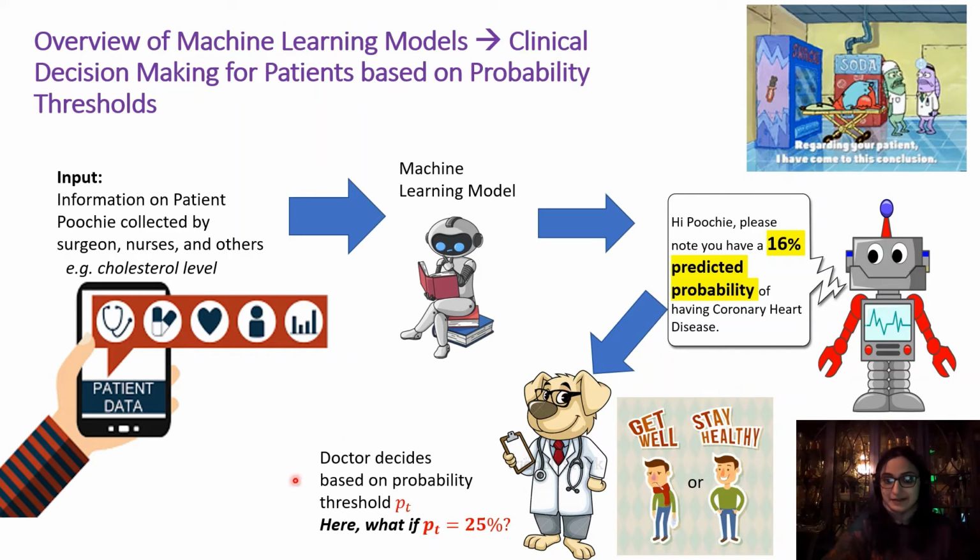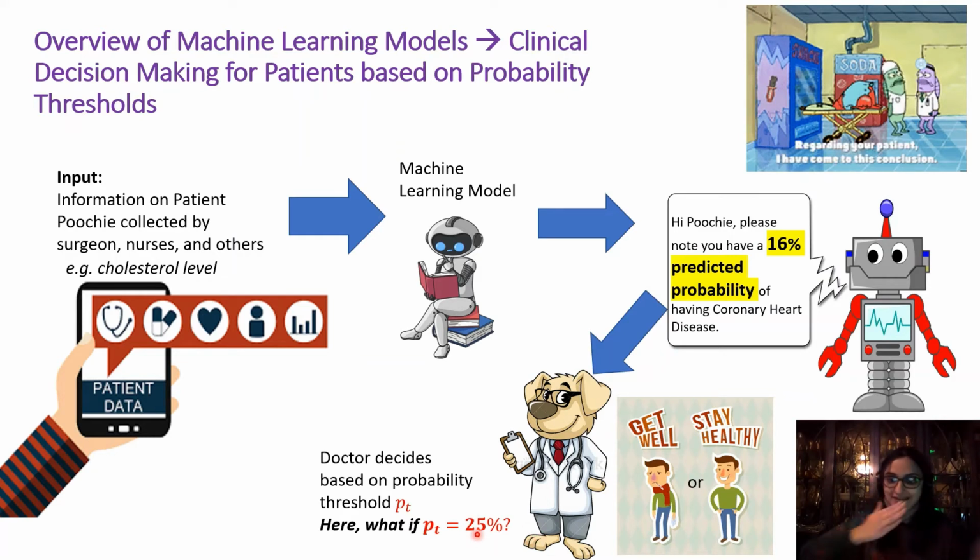The doctor, Pucci, or loved ones could decide whether this probability of 16% is high enough to go for treatment versus not. Here in this example, the doctor's probability threshold is 25%. Basically, the doctor is going to predict that somebody like Pucci has coronary heart disease if their predicted probability is greater than or equal to 25%.